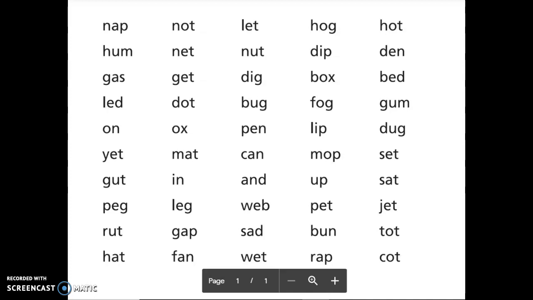So you'll find all the words with the short E sound. You'll sound them out. You'll write the word, underline the vowel, state what the vowel's name is, and what sound that vowel makes. So go ahead and do that now. I'm going to pause the video and then we'll move on to the next thing.